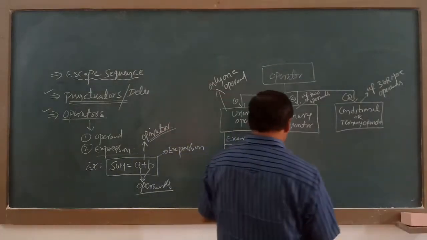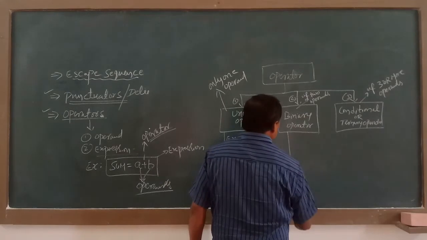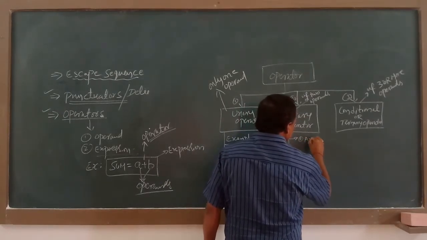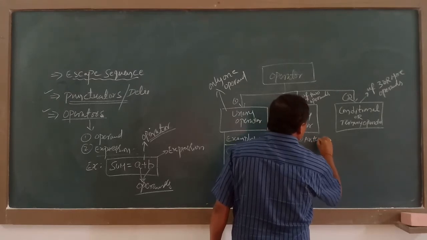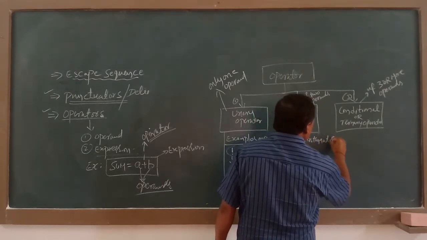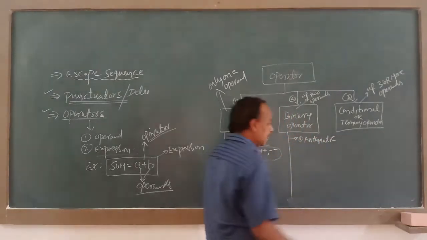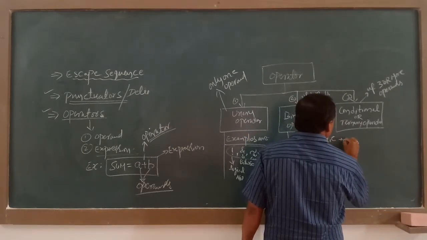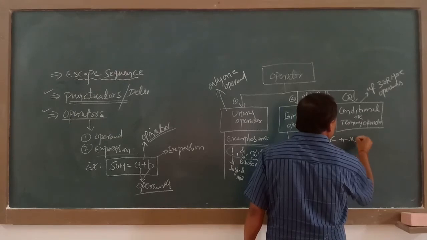And next comes binary. We have a number of types. First one, arithmetic operator. For example, plus, minus, star, slash.